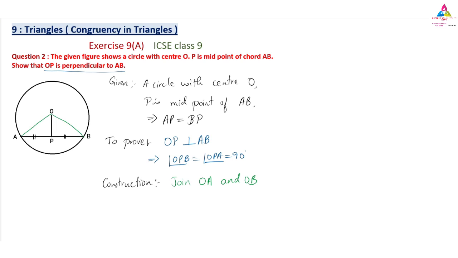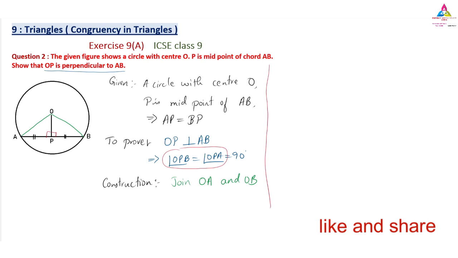It is now making OA and OB, and it is making two triangles: one triangle is OAP and the other is OPB. Here we have two triangles, and to prove that this is 90 degrees and this is 90 degrees, we have to prove that angle OPB is equal to angle OPA. If we prove these two angles are equal, then automatically it will be 90 degrees, because on a straight line the sum of the two angles is 180.